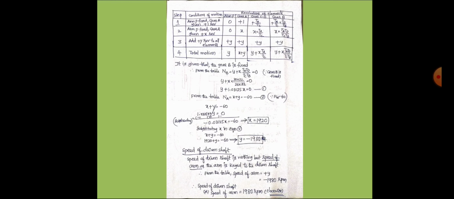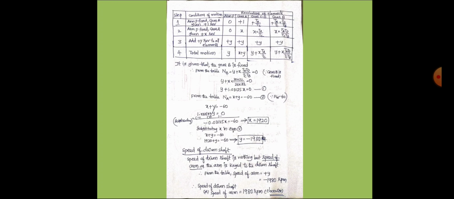The speed of the driven by the speed of the driver is equal to the reciprocal of their teeth. Here A is driving C, as it is in mesh with A. Gear A I am rotating, therefore gear A is the driving member, and gear C is the driven member. So the speed of driven by speed of driver, that is NC by NA, is equal to the reciprocal of their teeth, that is TA by TC.